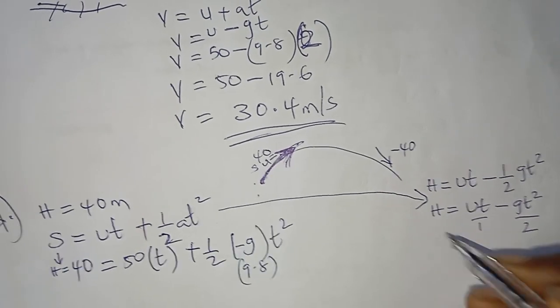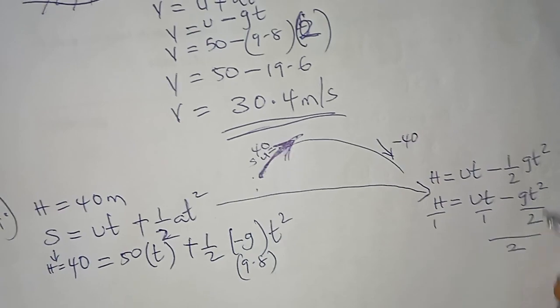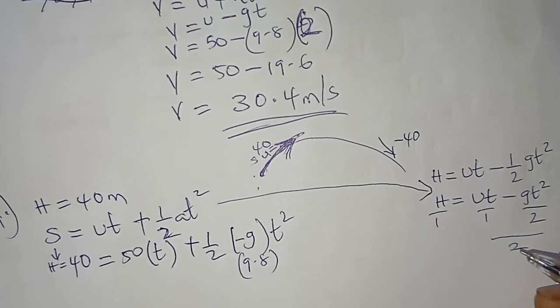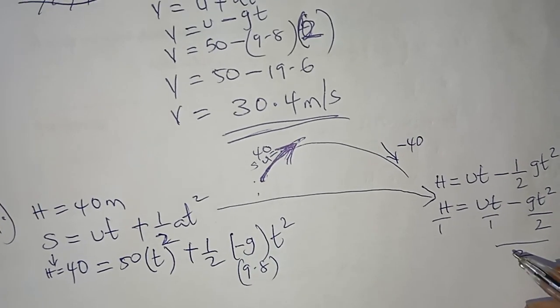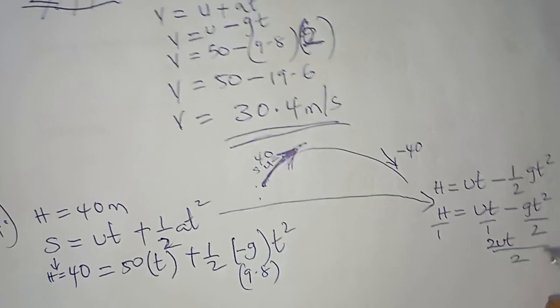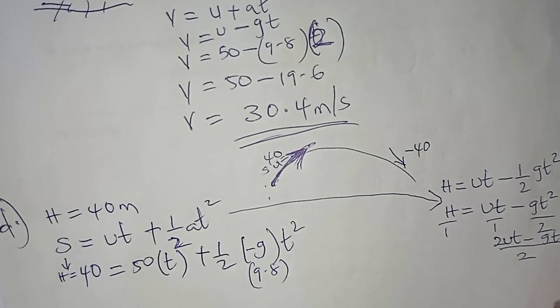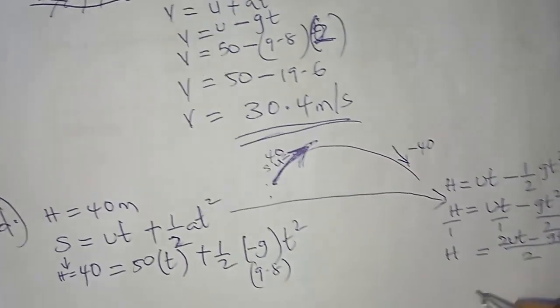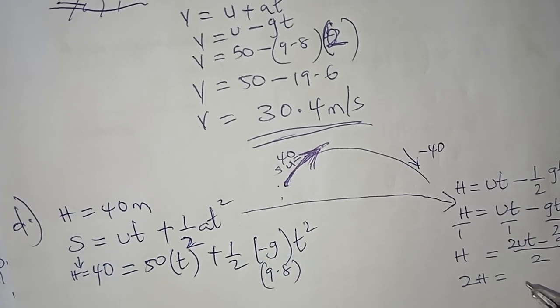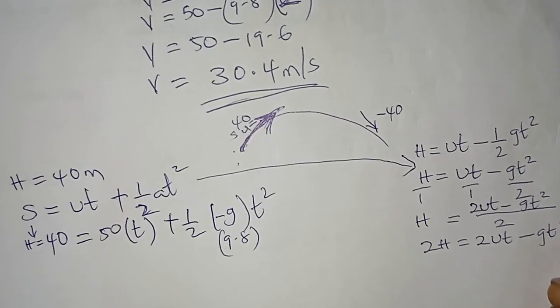Anything on its own is over 1, so these are fractions, and nothing is getting cancelled out here. Multiplying through by 2, this becomes 2ut, minus gt squared, equals 2h. Then 2h equals 2ut minus gt squared.